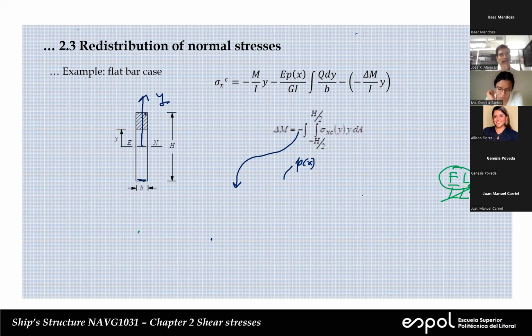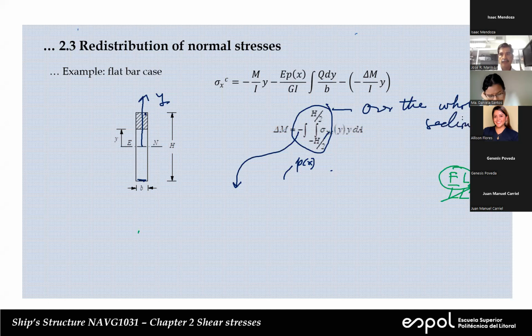So what we do is we integrate, and this integration is over the whole section.